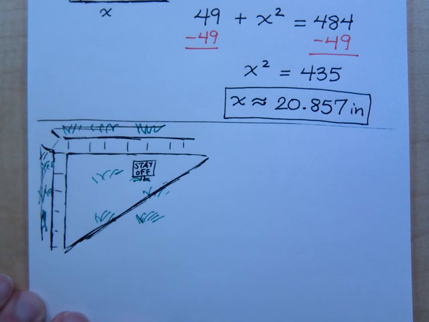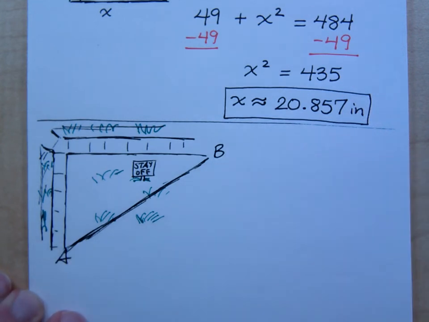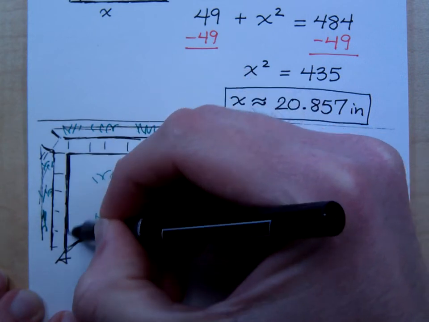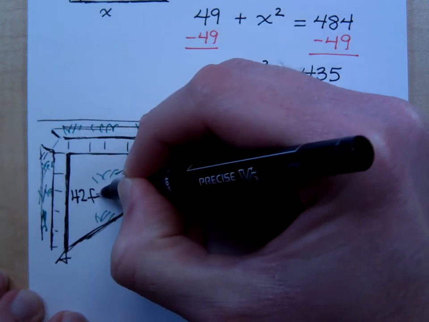So, stay off. Now, you're thinking, I'm in a hurry. I've got to get from point A to point B, and I know the quickest distance from point A to point B is what? A straight line. Isn't that what they've taught you? Yeah, that's what I said. So, what if this distance right here is 42 feet?